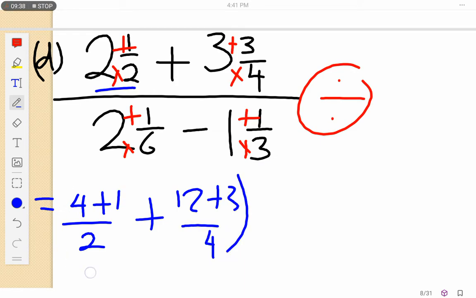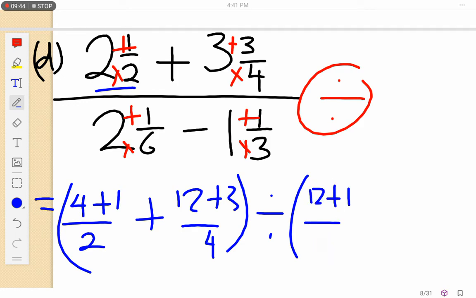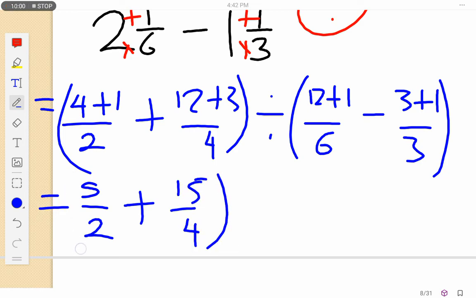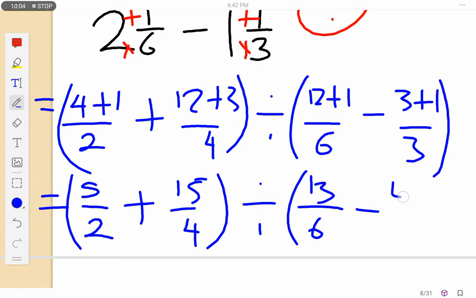And we are saying it's dividing by 2 times 6, we get 12 plus 1 over 6 minus 3 times 1, 3 plus 1 over 3. Okay, so this is what we have at the end of the day. Let's simplify. I will get 5 over 2 plus 15 over 4 for the first part divided by 13 over 6 minus 4 over 3.